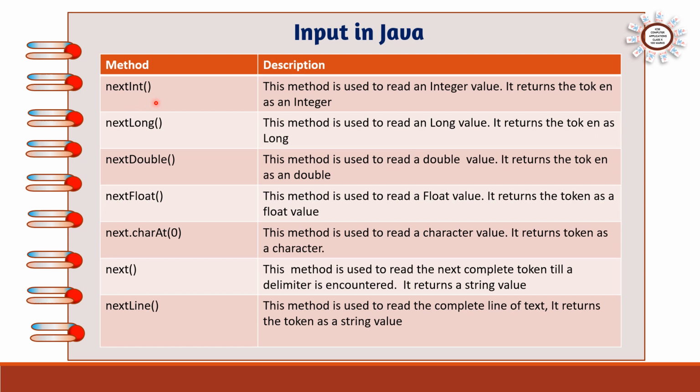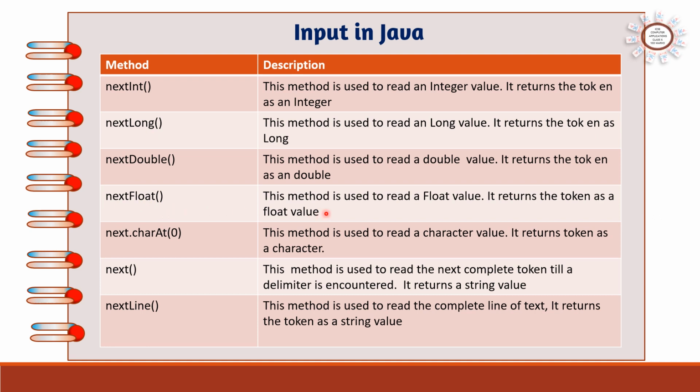By using nextInt, we can read an integer value or accept an integer value. And nextLong is used to accept a long data type. That means it returns the token as a long. nextDouble for accepting the double data type. Here we can see we are using the wrapper classes Long, L capital, Double, D capital, and nextFloat.